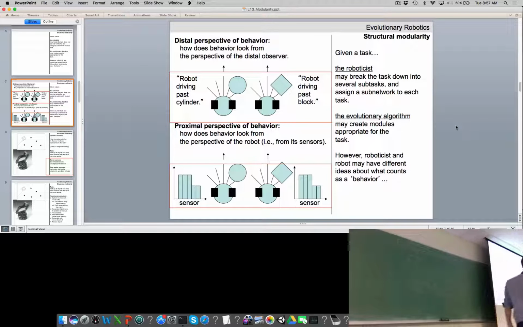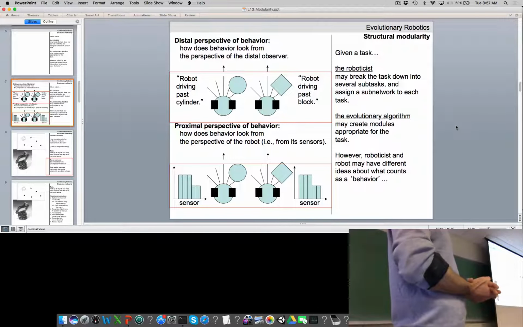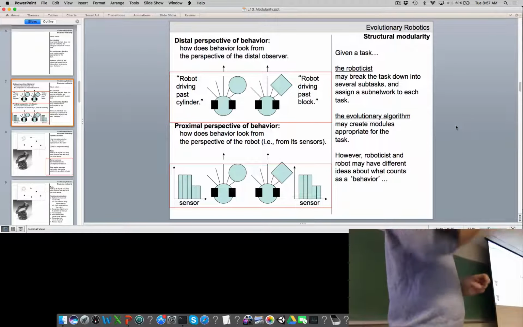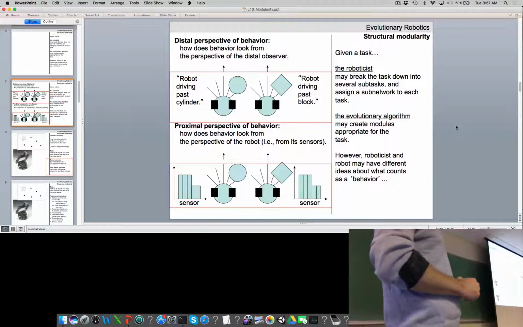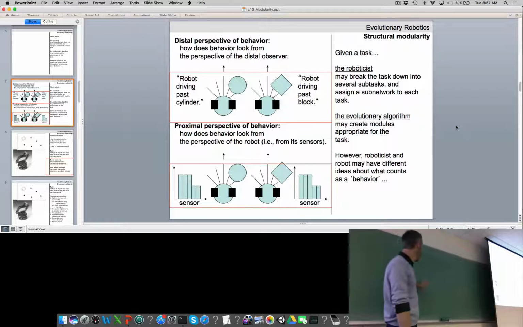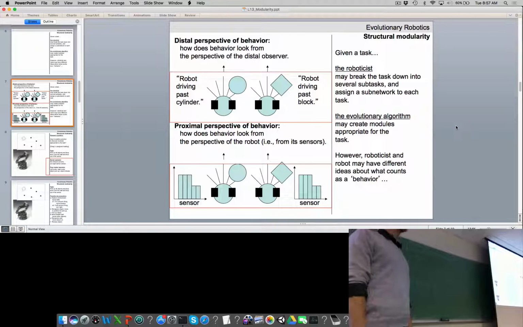We watch the robot just sort of move around at random for a while, and we notice, here's the robot driving past the cylinder, and here's the robot driving past the block. We might already be thinking about how to break this problem down into subtasks. The robot should do A when it drives past the cylinder, and it should do B when it drives past the block. So maybe we're going to try and hand design 2 neural modules. It should use this one when it's driving past a cylinder, and this one when it's driving past a block. We're already in trouble. Why?